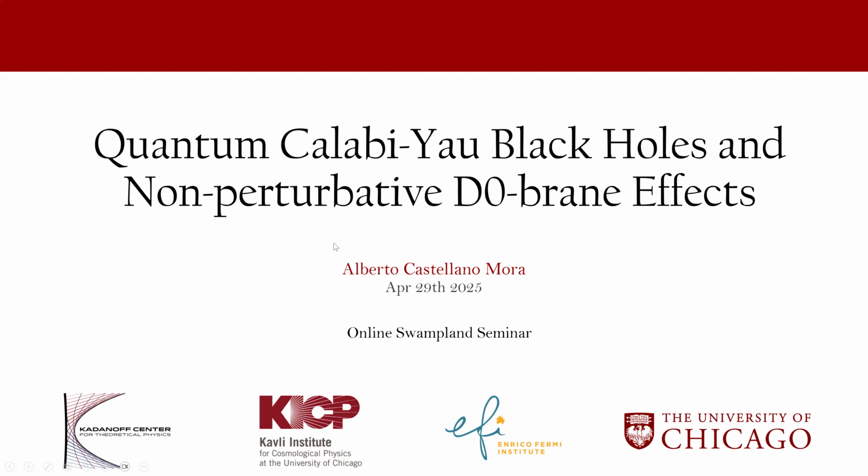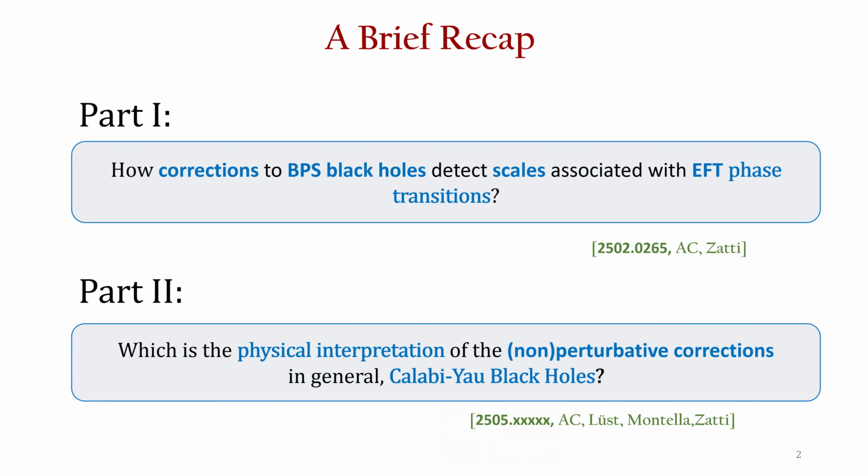Let me first join Matteo in thanking the organizers for giving us a chance to present our work here. As he was saying at the beginning of his talk, this seminar has been divided very naturally into two parts. In the first one, we were mainly concerned with how quantum perturbative corrections to thermodynamic observables, in particular of supersymmetric and therefore stable black holes, can detect the presence of additional UV scales such as the KK scale.